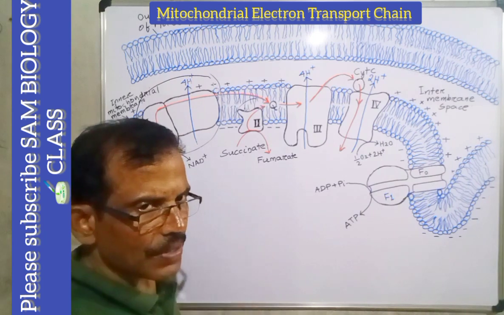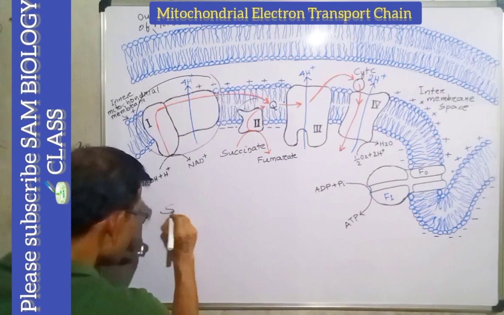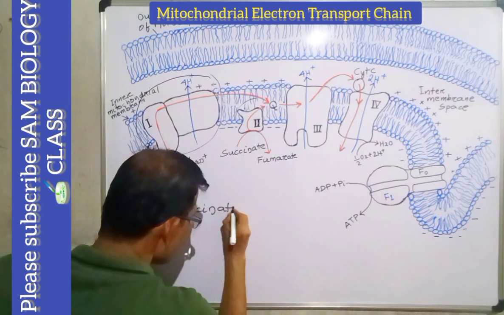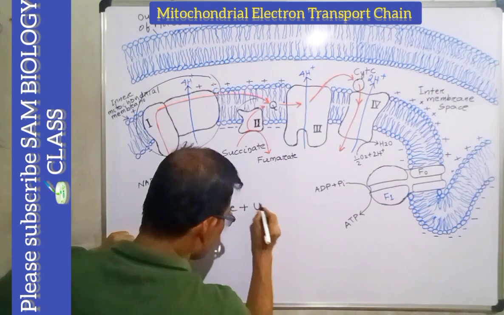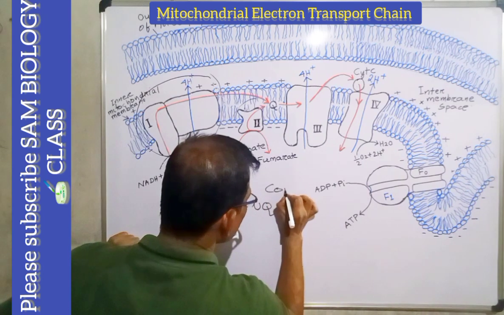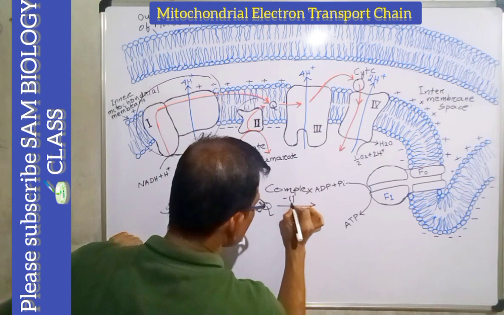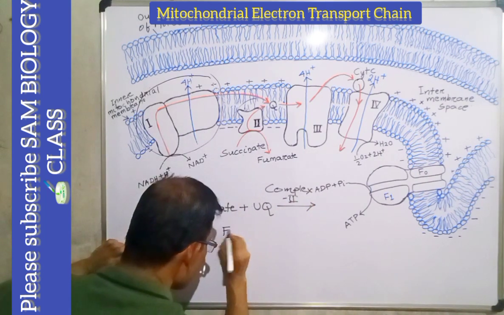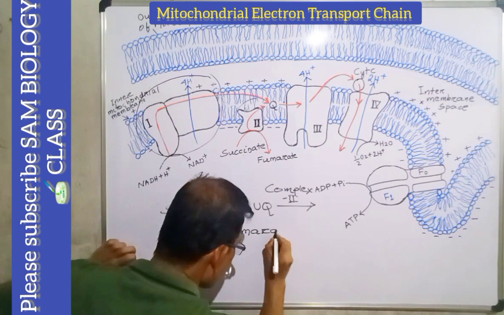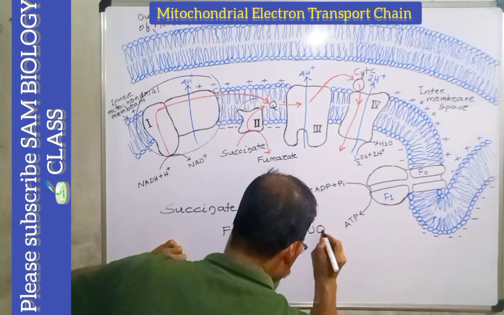The electron transfer catalyzed by complex 2 can be written like this: succinate reacts with ubiquinone to give rise to fumarate and ubiquinol.